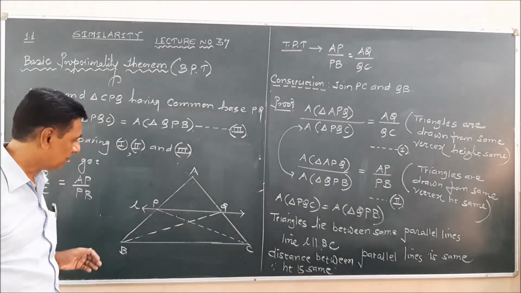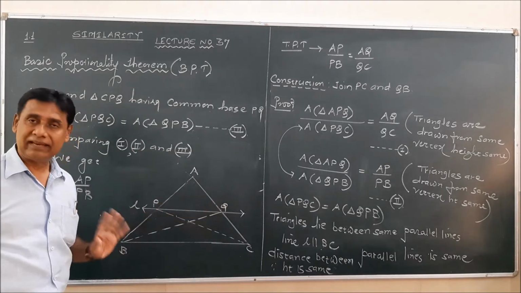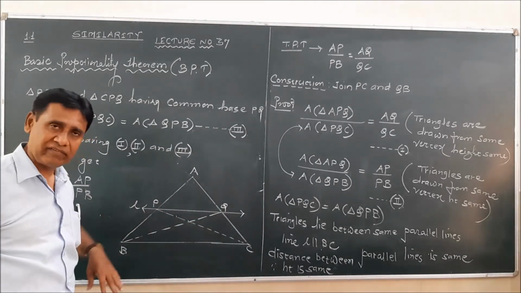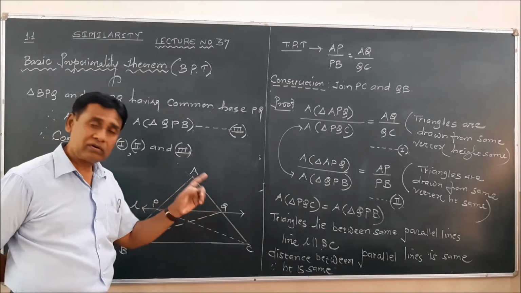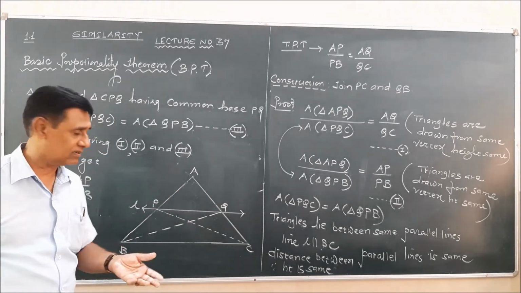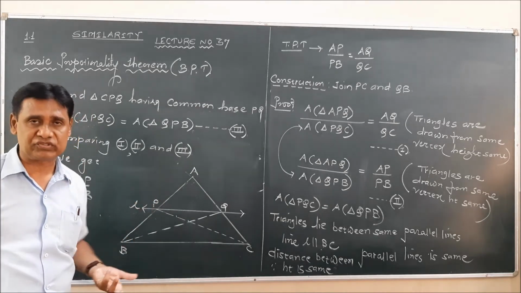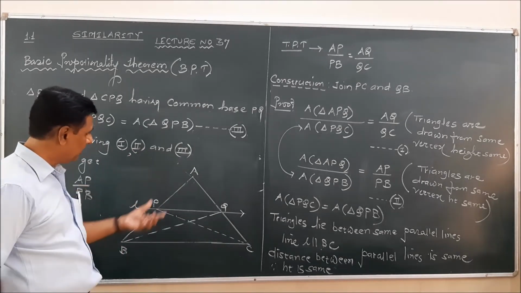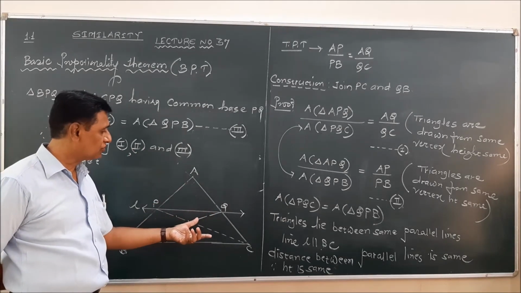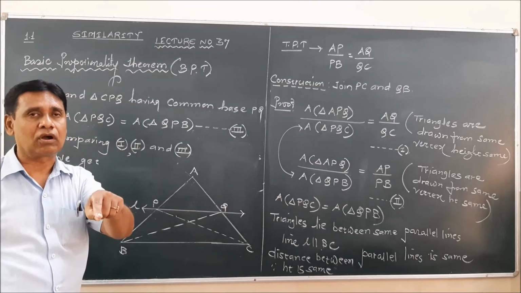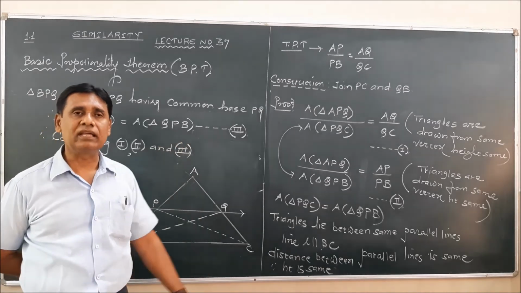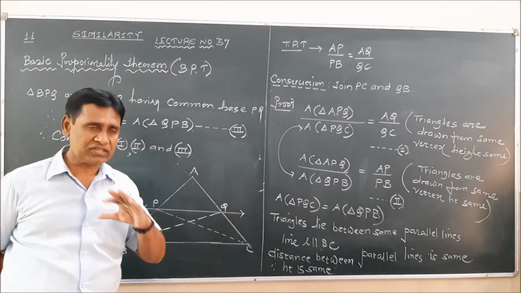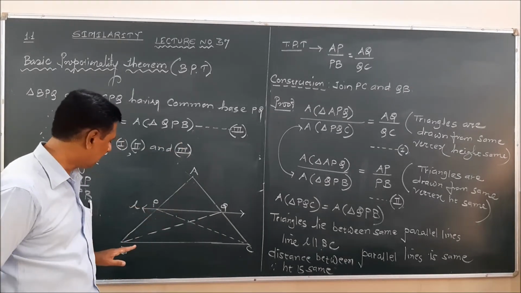I repeat again. For example, line L is there, and if it is given AP upon PB is equal to AQ upon QC, I am stating converse, right? Then you have to draw conclusion that line L is parallel to BC.